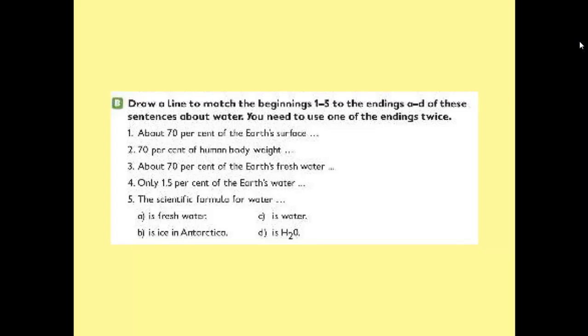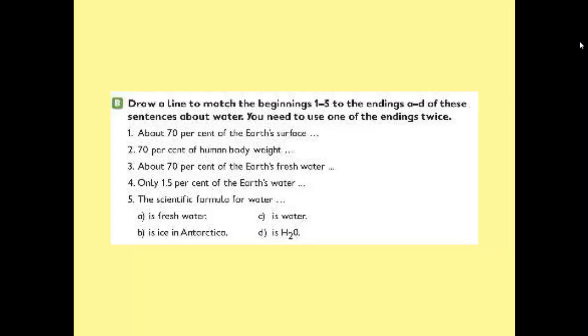Let's do this exercise. Number 1. About 70% of the Earth's surface, yes, is water. Number 2. 70% of human body weight is water also. Number 3. About 70% of the Earth's fresh water is ice in Antarctica. Number 4.